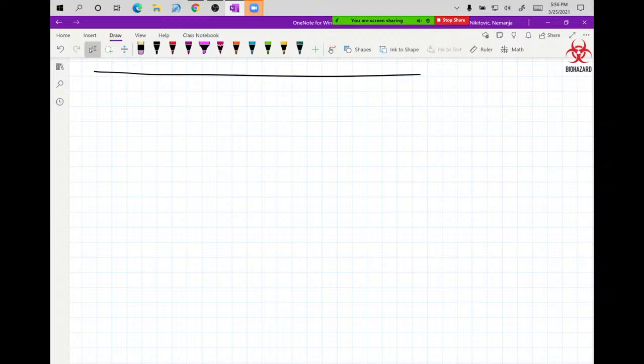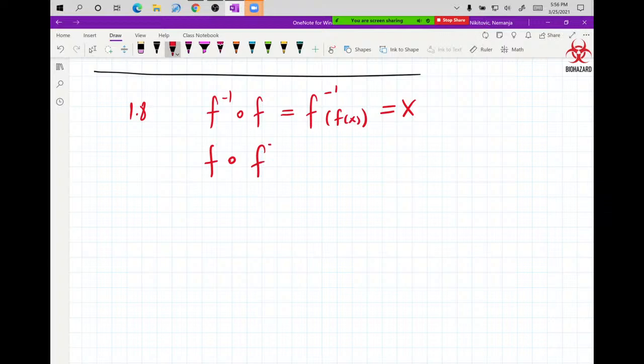One thing that you could bring back all the way from 1.8 was that when you combine an inverse with the original function, f inverse of f of x, you will get x. And when you do the function composition, the function with the inverse, you will get x. That was there in 1.8.